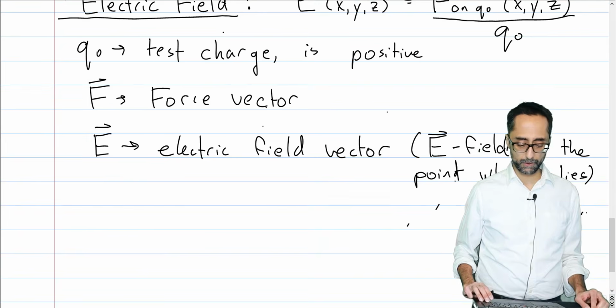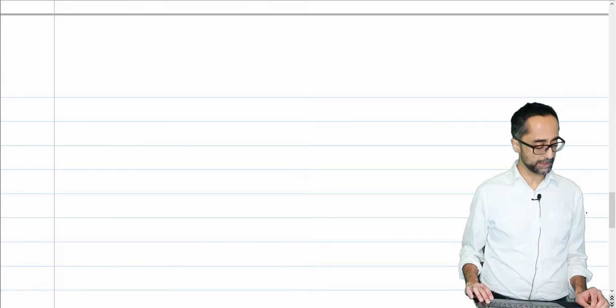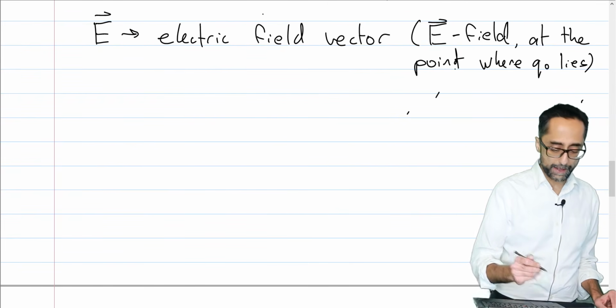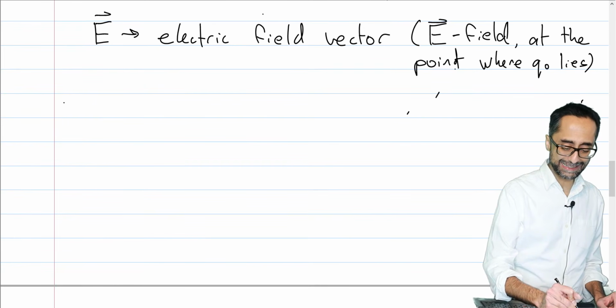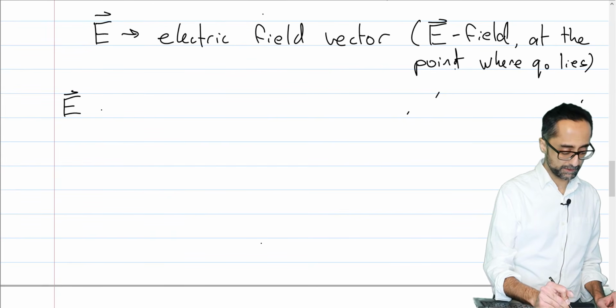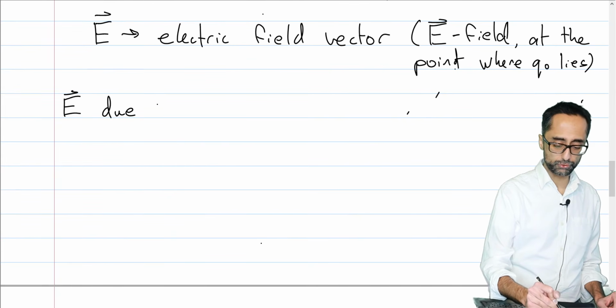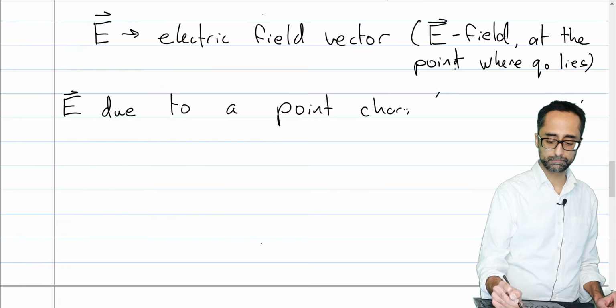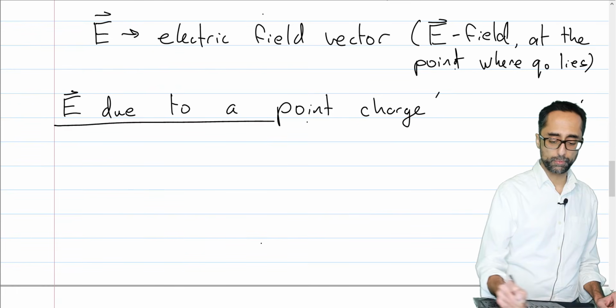All right, so can I be more general? Can I calculate the electric field at other places? Well, yeah, and we can use this relationship of E equals F over Q naught to do it. Let's find out the electric field due to a single point charge. We'll start with what we know.